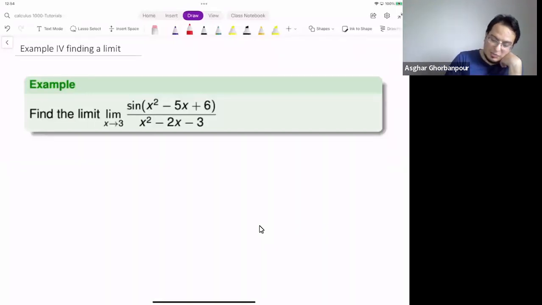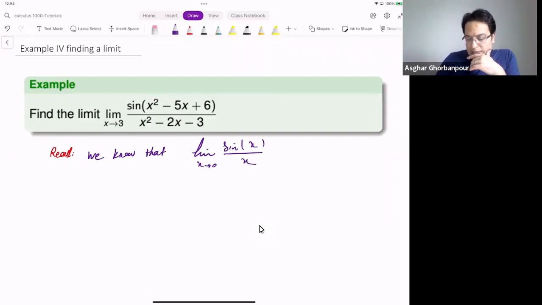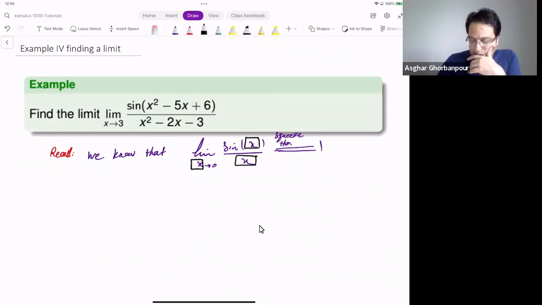I want to use the fact that the limit of sine of x over x as x goes to 0, which we showed by the squeeze theorem, is equal to 1. And indeed, in general, if instead of x you have any other expression, with the same sine of box over box as box goes to 0, the limit is still 1.